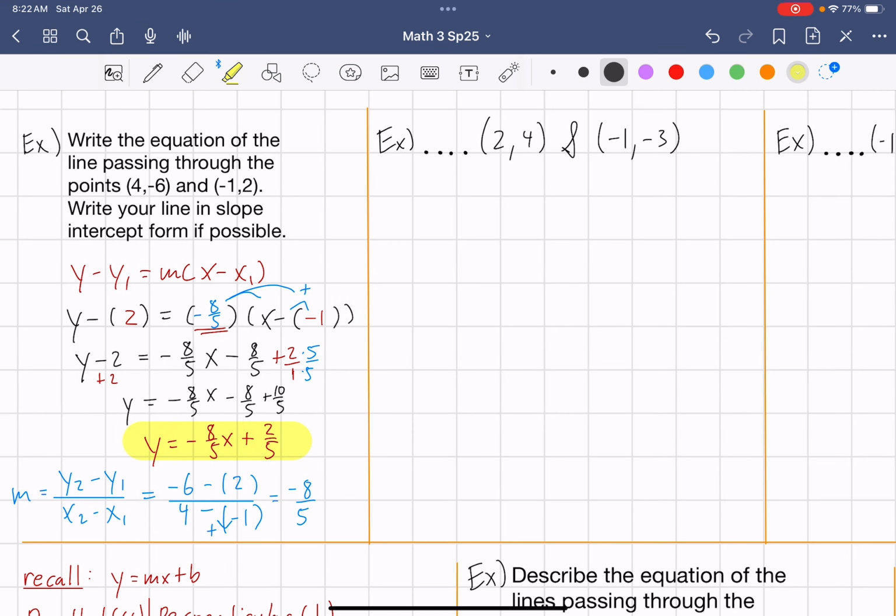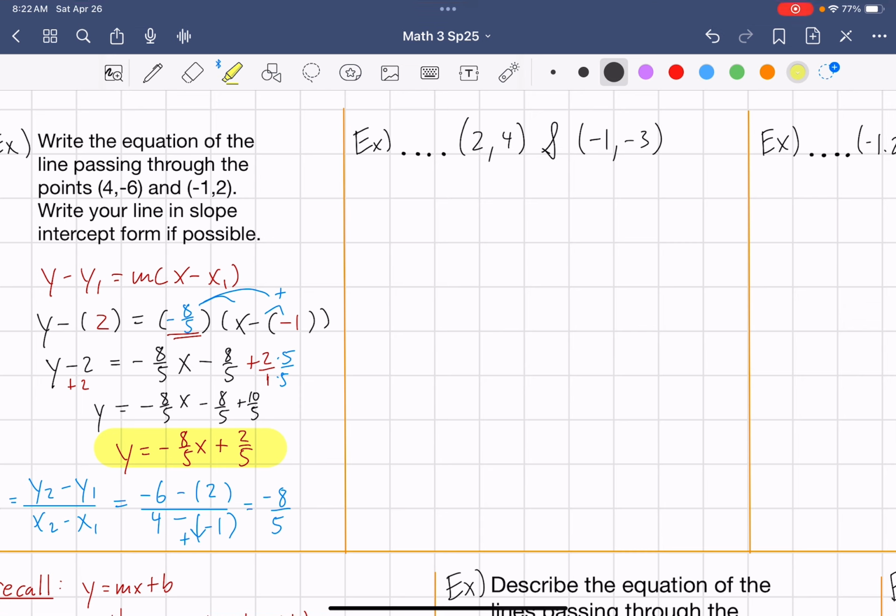You do the same with all of these. So I need my point slope form. And I always like putting the parentheses and then just plugging in. I like this first one better. Or let's put the second one.